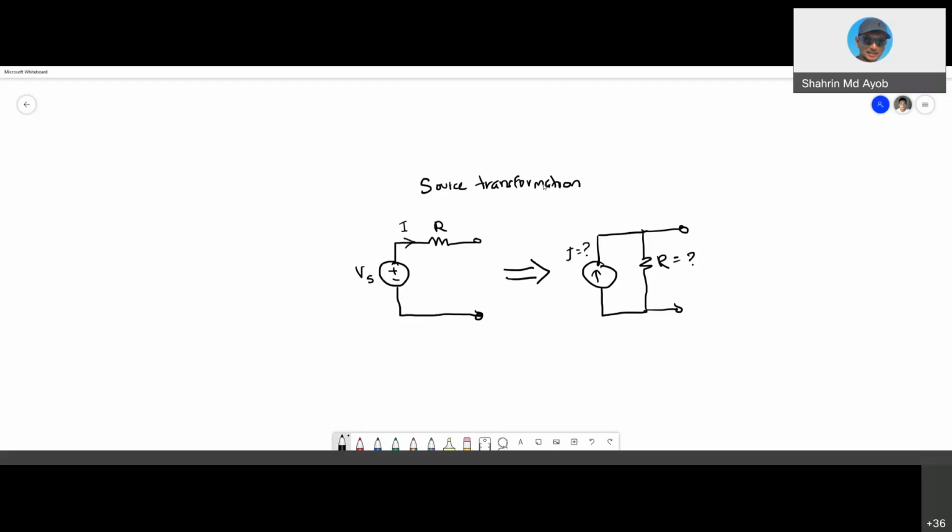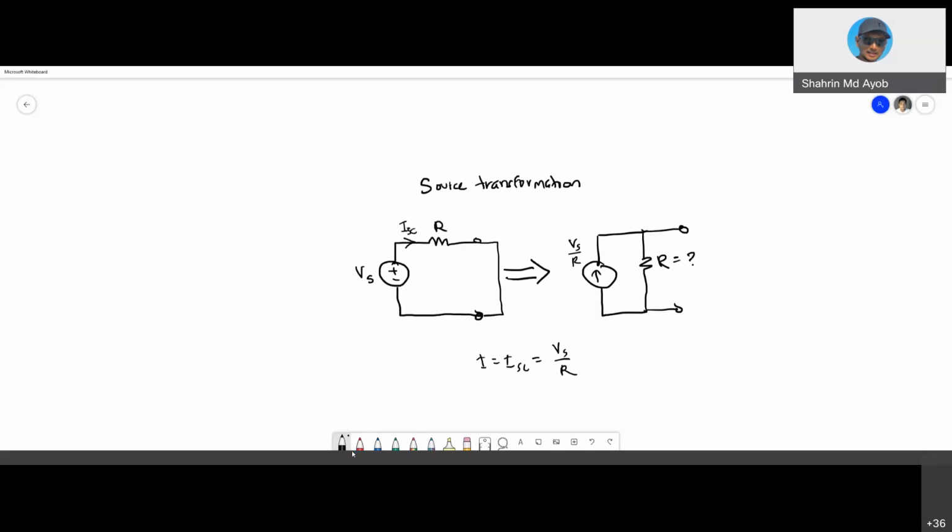But since this is an open circuit, the current is zero, so the simplest way is to short circuit. This current is the short circuit current, so I equals I short circuit, which is simply Vs over R. So your current source is Vs over R.